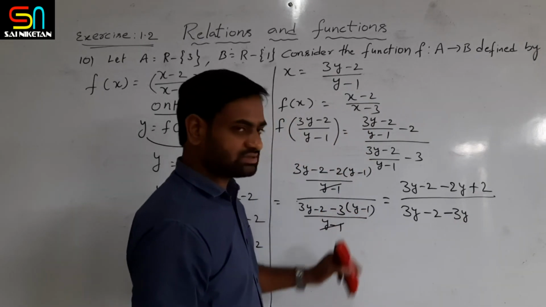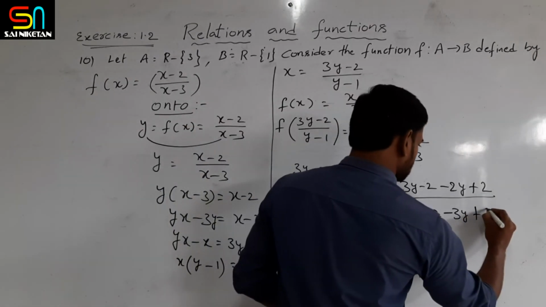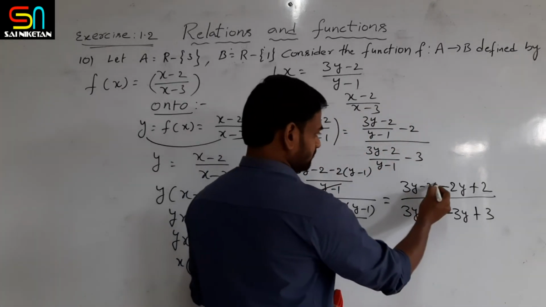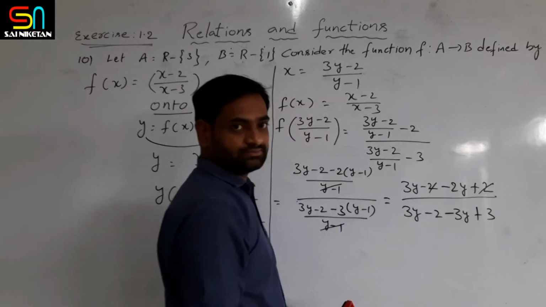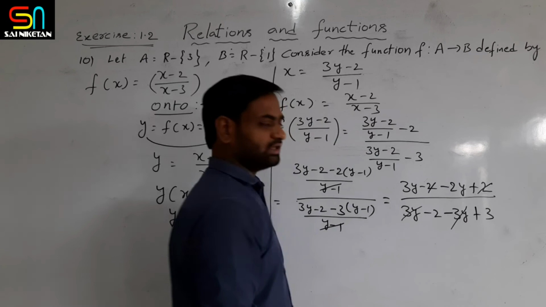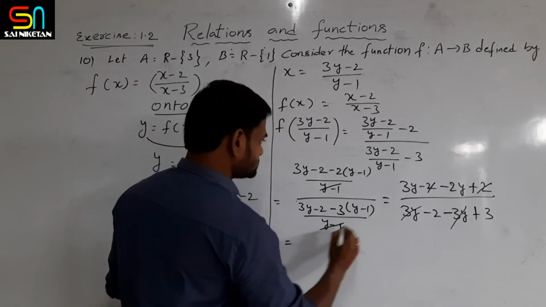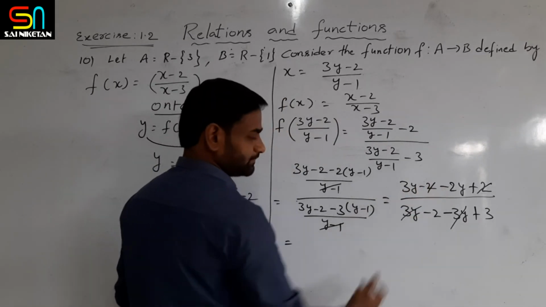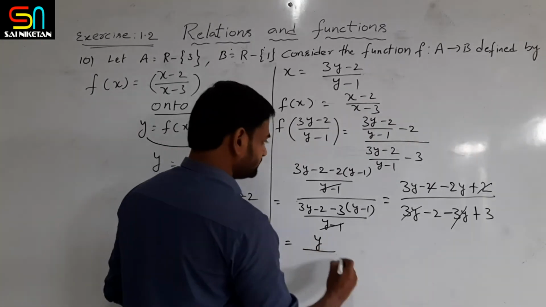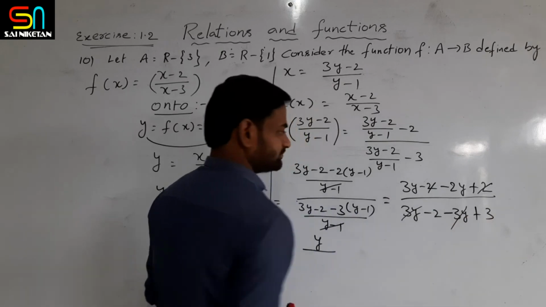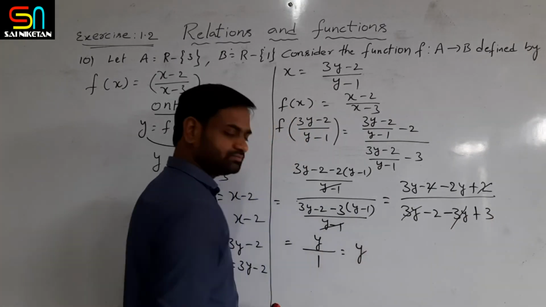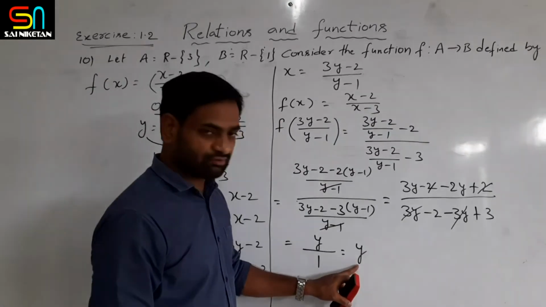Next minus into minus plus 3 into 1, 3. Now what are the cancellation terms here? Minus 2 plus 2 can cancel. Next 3y minus 3y both are cancelled. Now the remaining is 3y minus 2y, it is y, by minus 2 plus 3, plus 1. So y by 1 is y. So you got the answer is y.